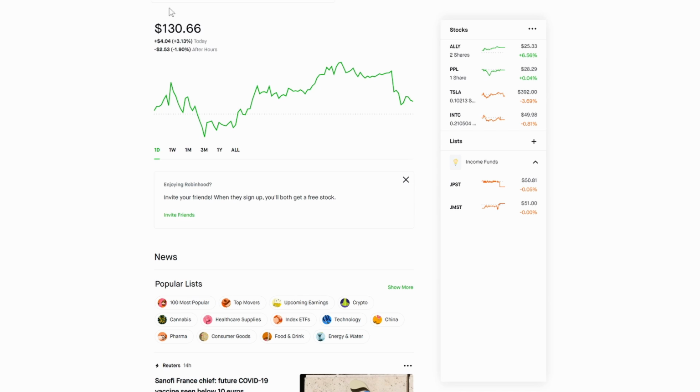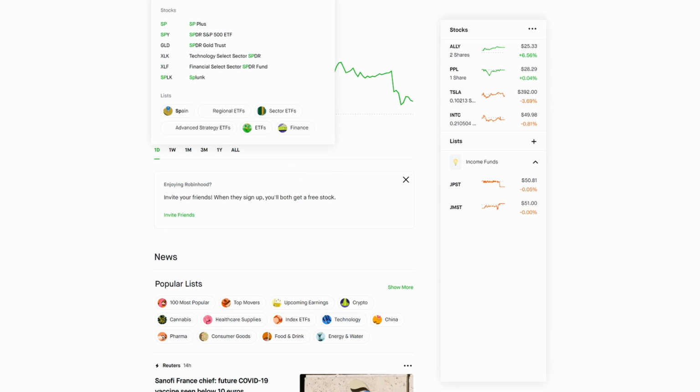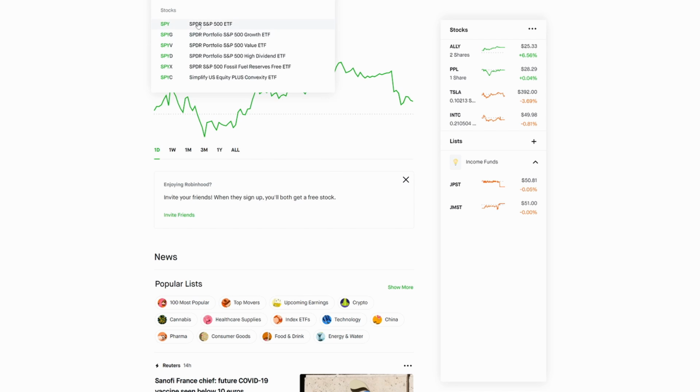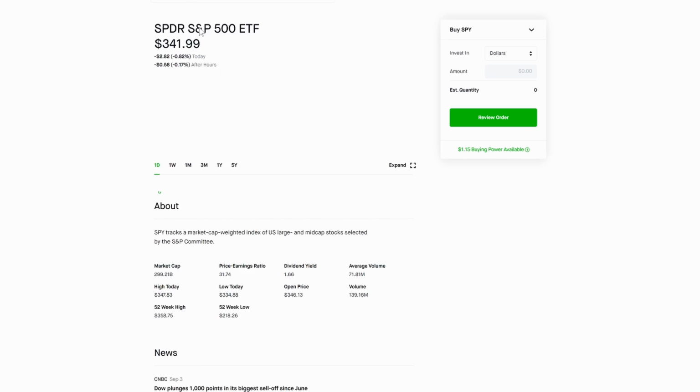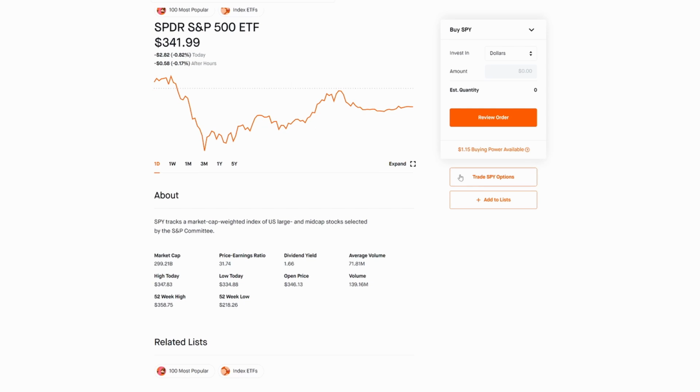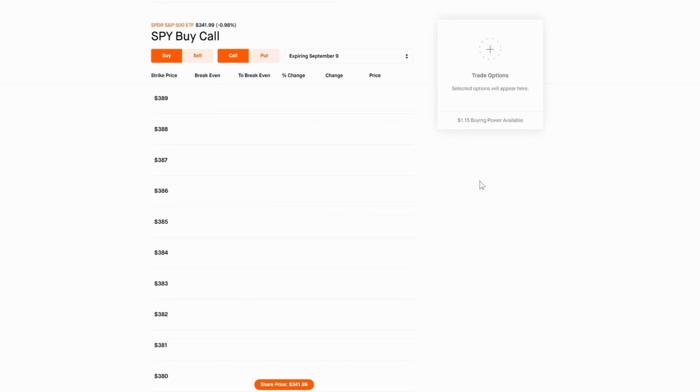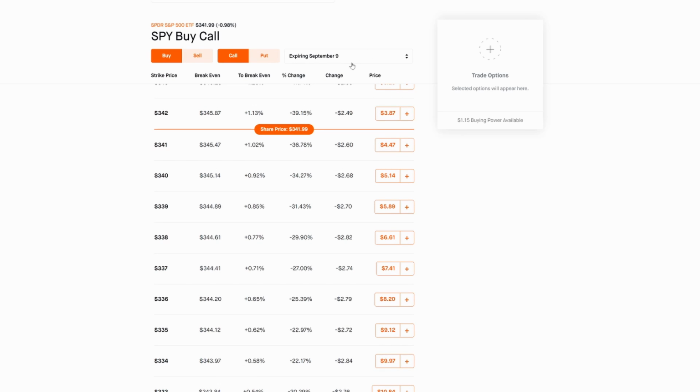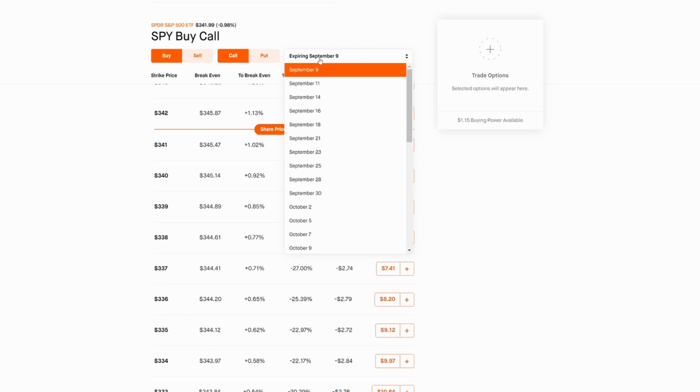So to place a trade, you just type in the ticker symbol, which is the S&P 500 ETF, SPY. Then you click on trade options. And to place a credit or debit spread, the first thing you would do is select the expiration date you want.